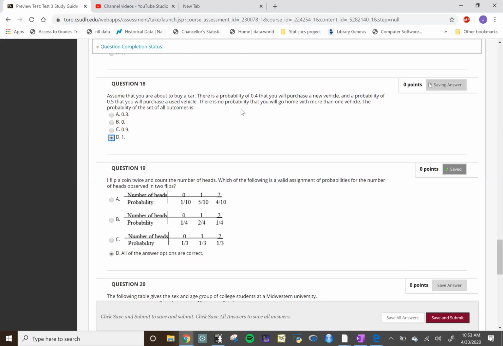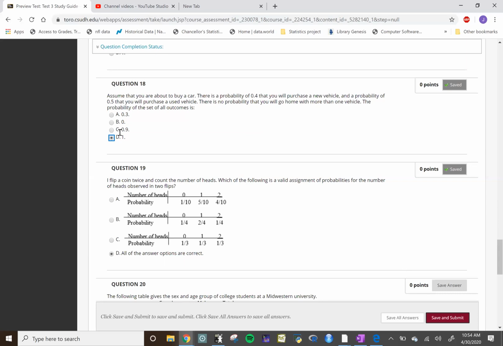Because if you add up all the probabilities, it should always add up to 1. It says the probability of the set of all outcomes, so that means the probability that they buy a new car, buy a used car, or don't buy a car. If you add up all of the outcomes, it should add up to 1.